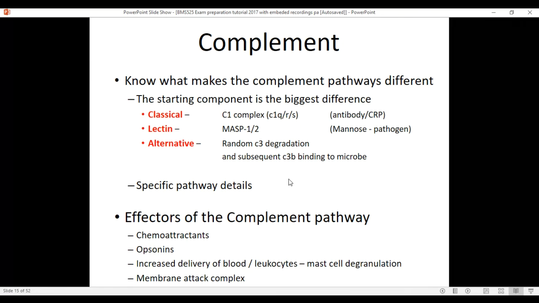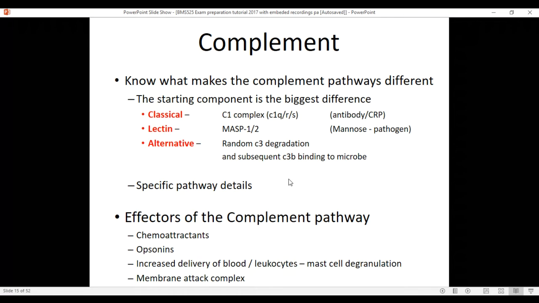The only difference between the classical and lectin pathway is that classical starts with the C1 complex, whereas the lectin pathway starts with MBL and MASP1, MASP2. Okay, and the thing that kicks off the lectin pathway is mannose components that will be present on the pathogen.